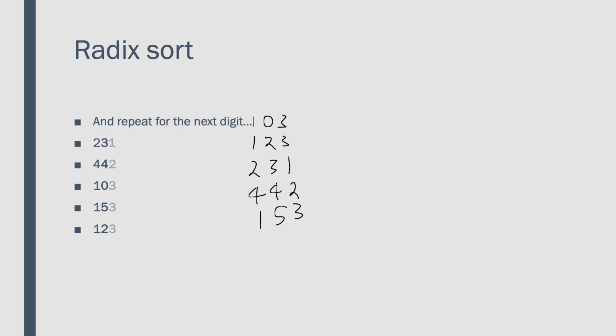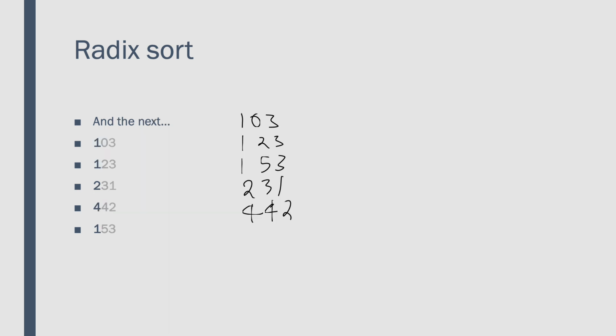Stable sorting again, we'll have 103, 123, 153, 231, 442, the final sorted list. This is what we did based on the hundreds digit.